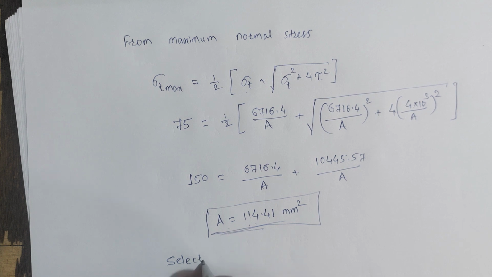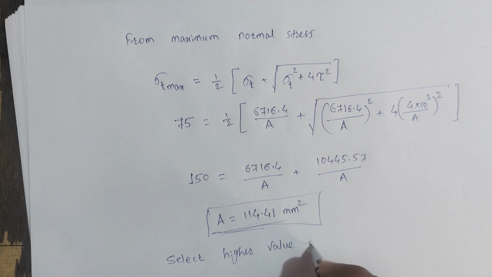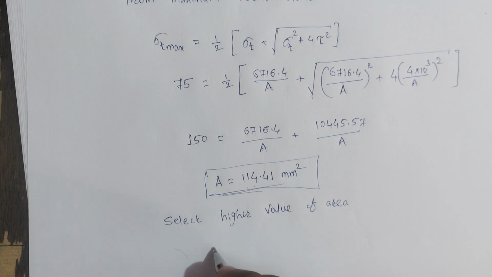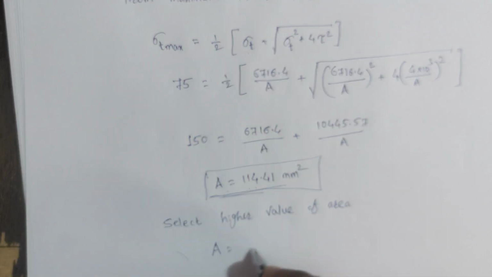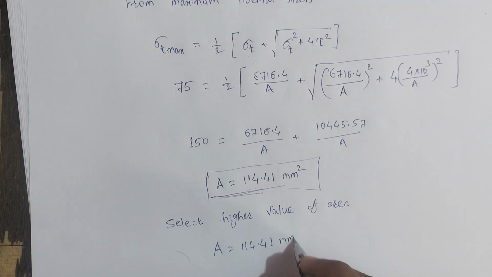So select the higher value of area. So the higher value of area is 114.41 mm square.